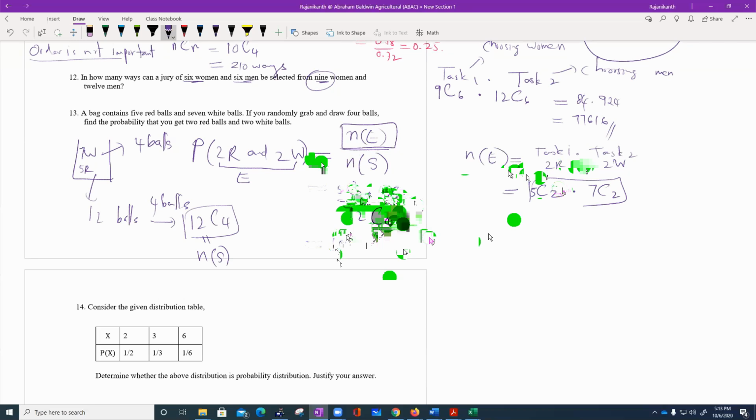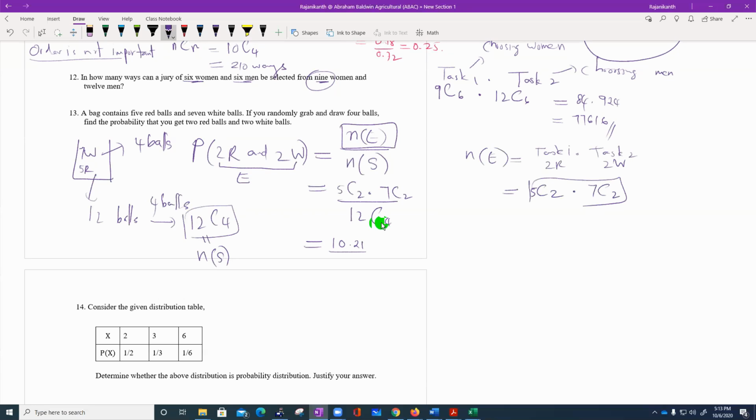Please look at the answer. And 7 choose 2 should be 7 times 6 over 2, which is 21. Over 12 choose 4 should be 495. Please check whether I'm getting it correct. That's it. Simply now simplify this. This is approximately 0.4242.